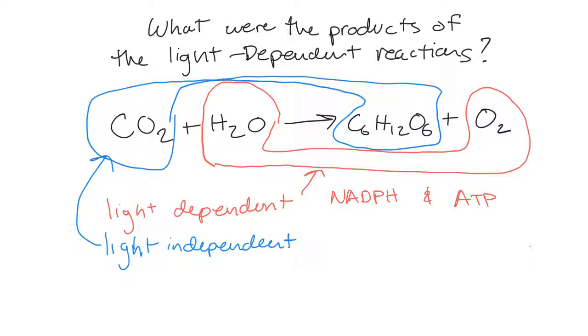These are going to be used in our light-independent reactions. And so they will be used and converted back into ADP and NADP+. And then they can be sent back to the light-dependent reactions to be used again.